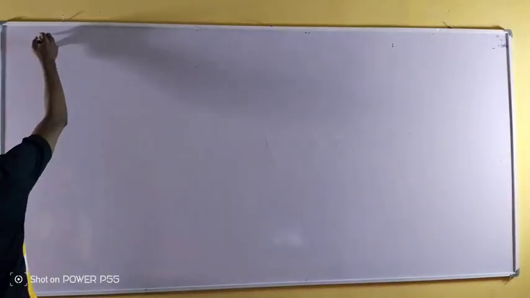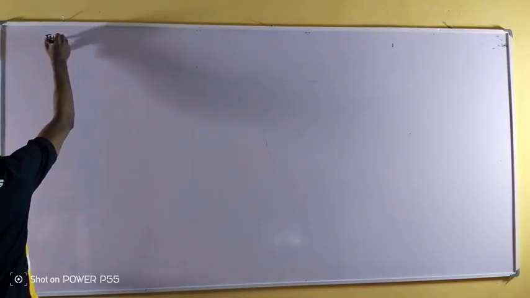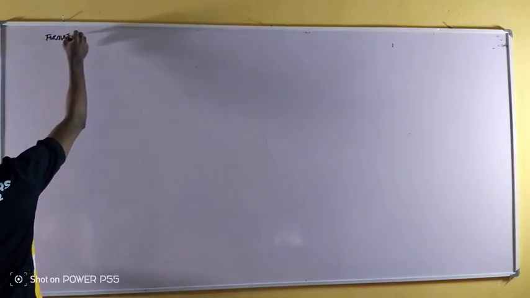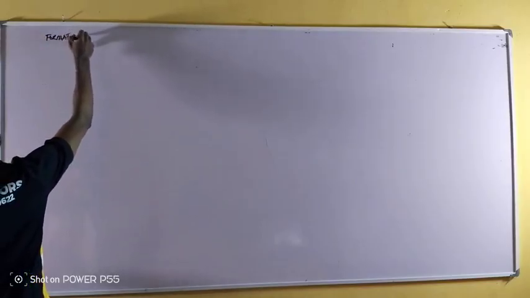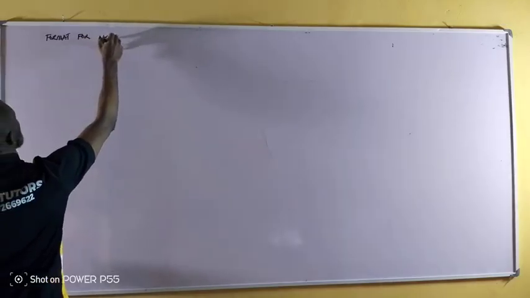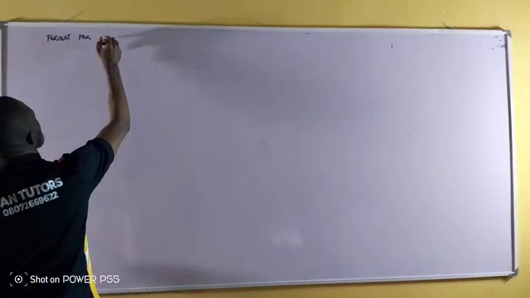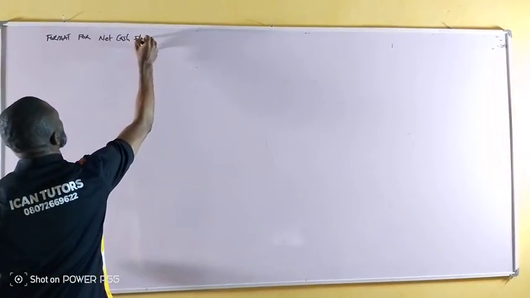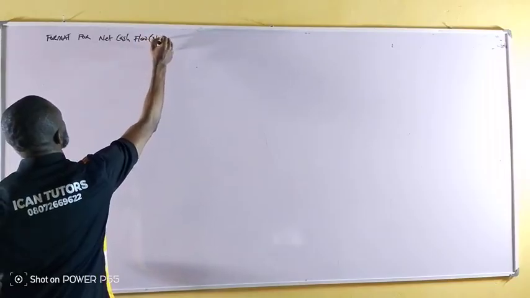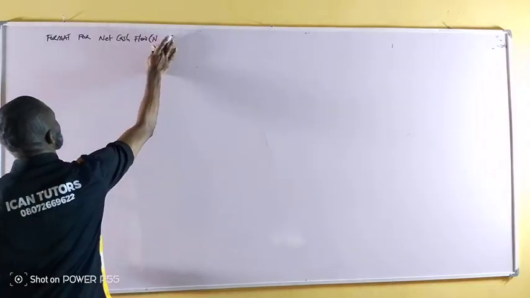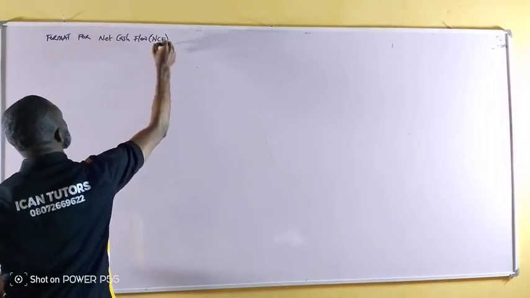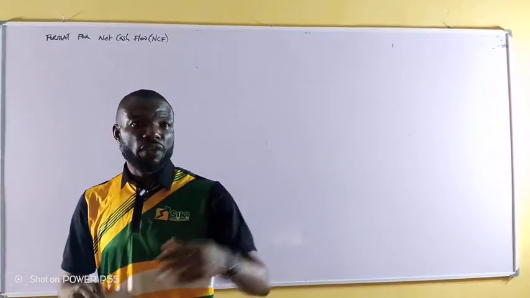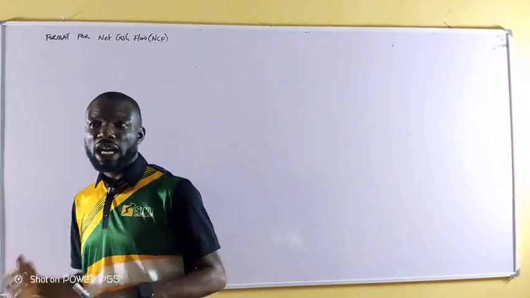So we want to get a format for your net cash flow. This NCF is what? Net cash flow. Like I told you, net is something minus something. So net cash flow in this instance is the difference between all your cash inflows minus all your cash outflows.